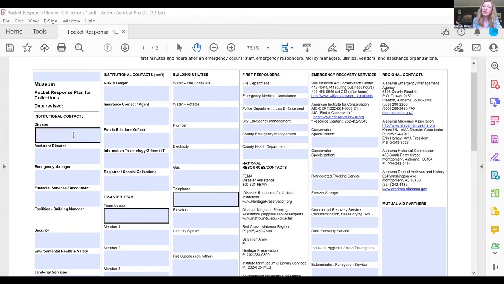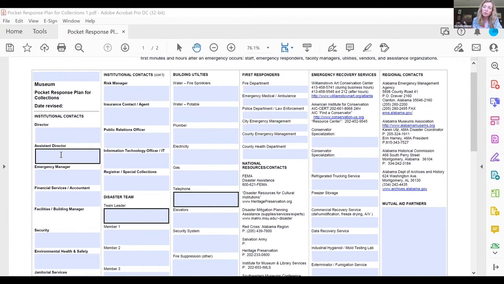So who's the director or the head of your institution, who would be ultimately responsible for everything? This can be a director, it can be the head of a department, it can be a dean. Who's the second in charge, and then who's the emergency manager?